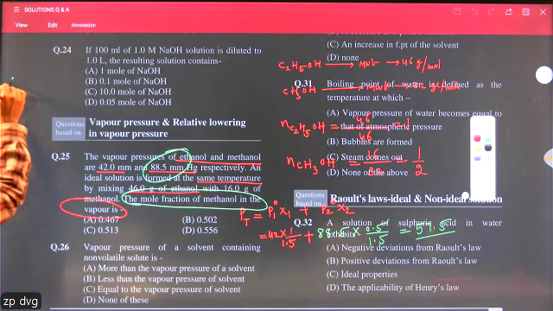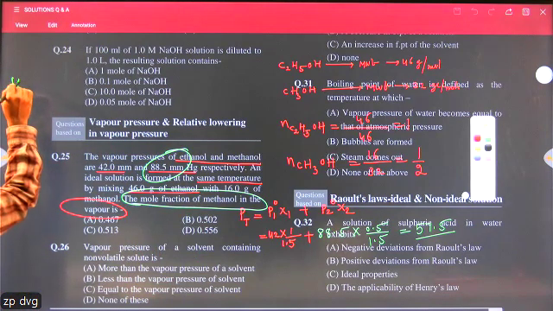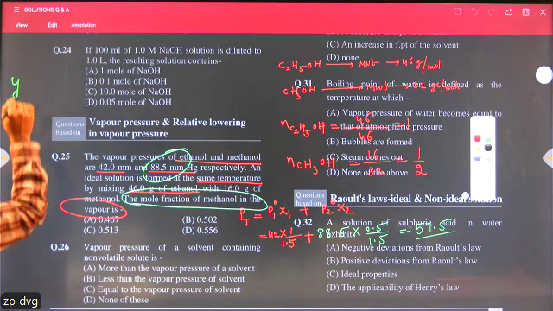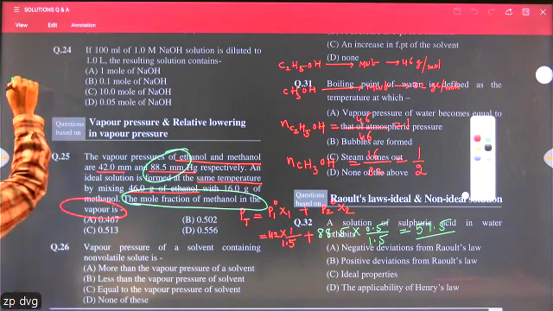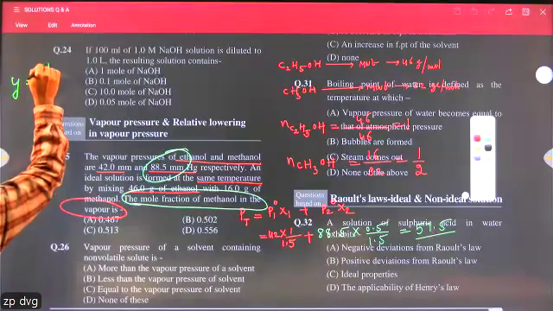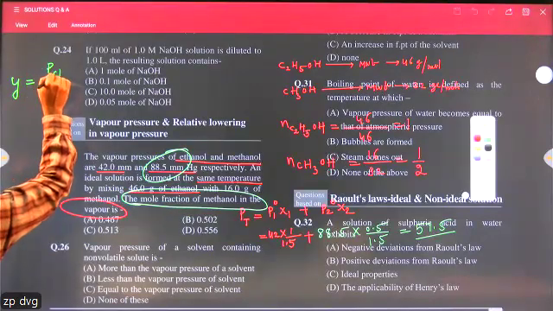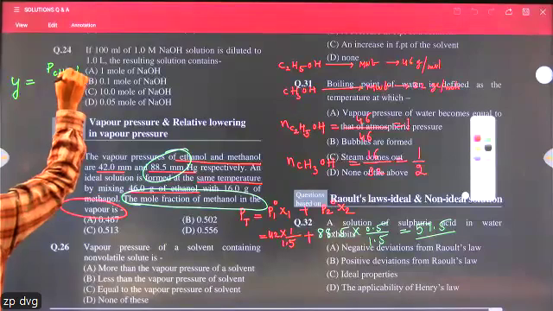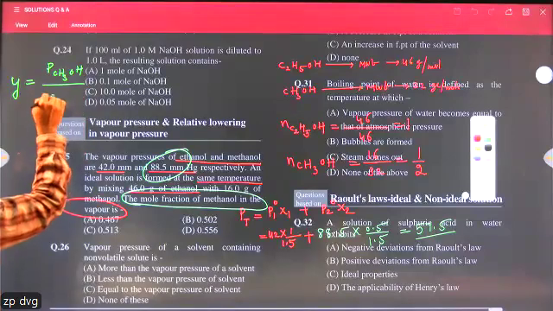To get it, the formula is partial pressure of methanol divided by total pressure.